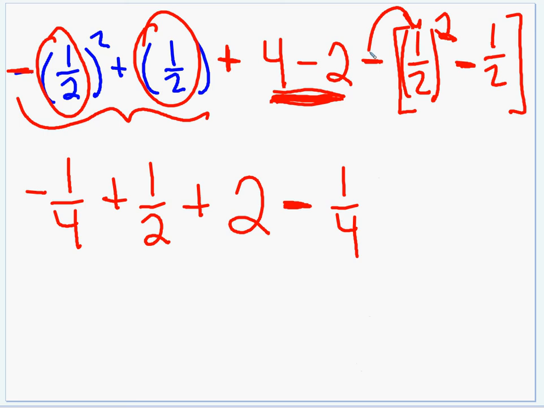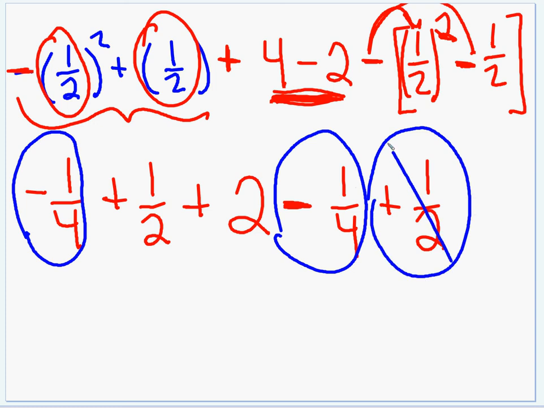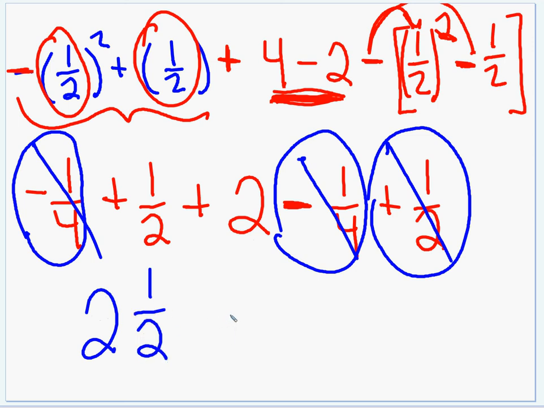And then this minus is going to jump in and change that into a plus 1/2. Okay, before I worry about a common denominator, let's see if anything cancels here. Negative a quarter, and another negative a quarter is negative a half. So those will cancel one of these positive halves. And then we're left with 2 plus a half, which is 2.5. Or if you like impropers, that would be 5 halves.